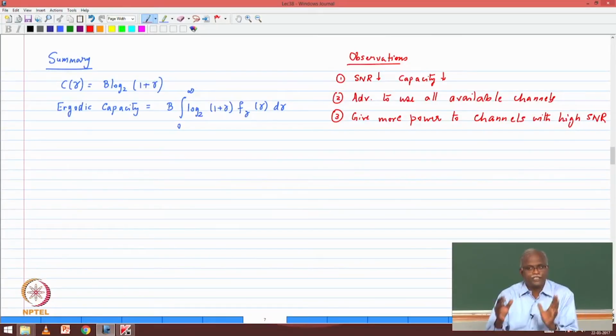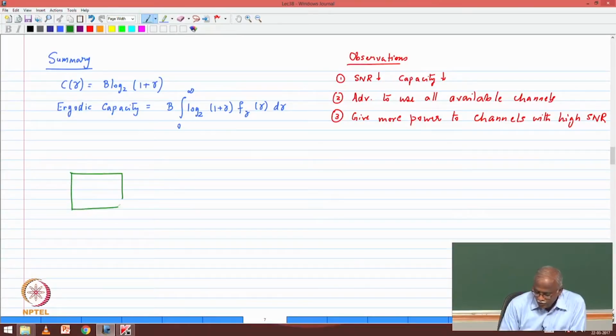Now, maybe a picture is very helpful for us. What is it that we are trying to do? We are trying to decide an encoder-decoder combination: an encoder at the transmitter, which will take my information, let me call that M of n.